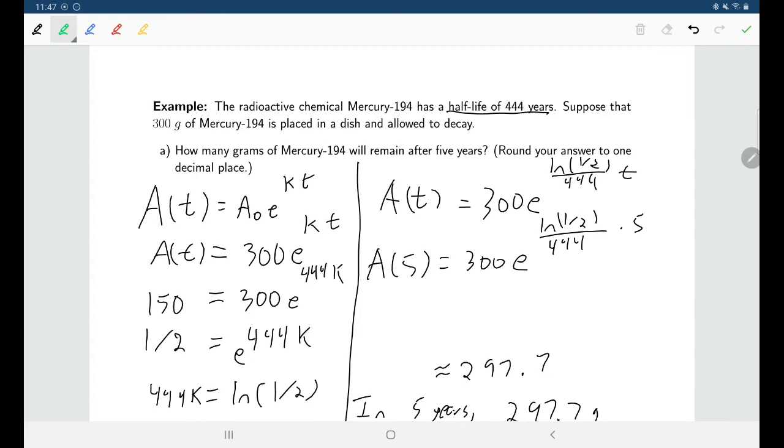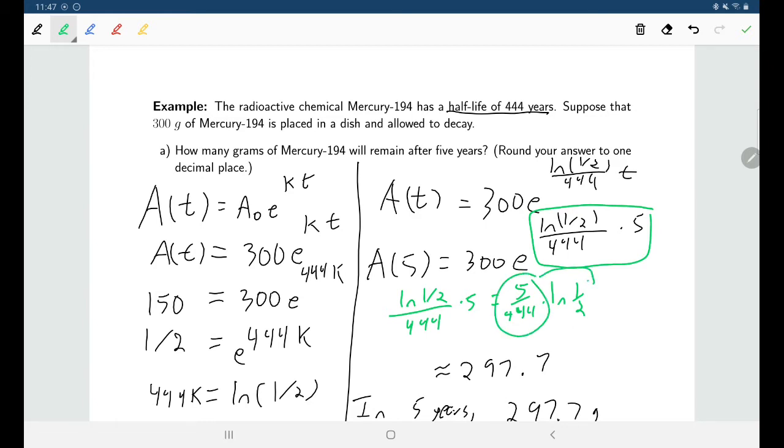Or the other option, of course, is to do some sort of simplification. Here, if you're looking at this power that I have, this is natural log of a half over 444 times 5. That's the same thing as 5 over 444 times natural log of a half, which is the same thing as natural log of a half to the power of 5 over 444. So if you wanted to, you could simplify this.